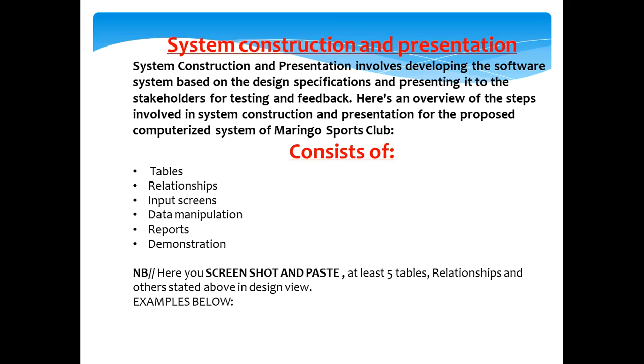So if I just recap, in system construction, you will screenshot tables. The marking scheme or the scoring guide provided by your teacher will tell you how many, but at least 5. So we have tables, relationships. You shall also screenshot the input screens, that is the forms.